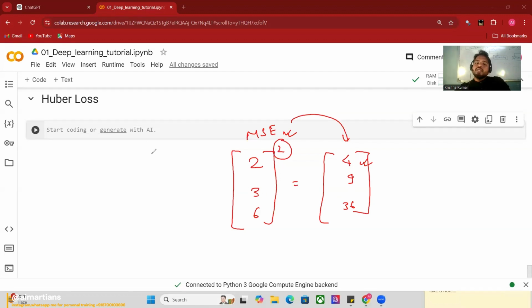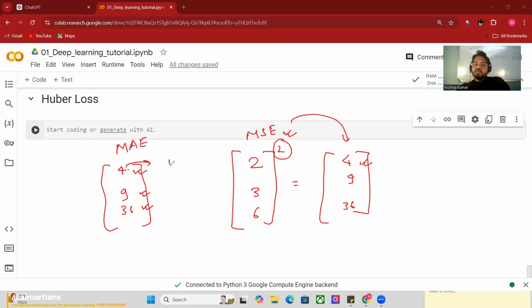Whereas in mean absolute error, when you have, let's say, losses like 4, 9, 36, which are already higher, we calculate mean absolute error. We do not square them, because if we square them, we will get mean square error.